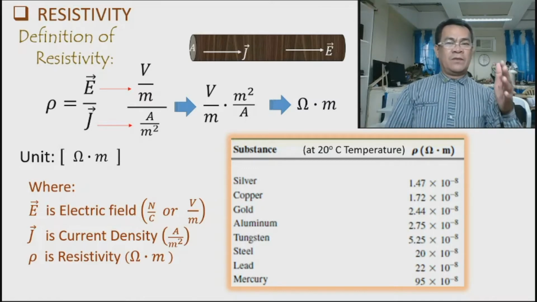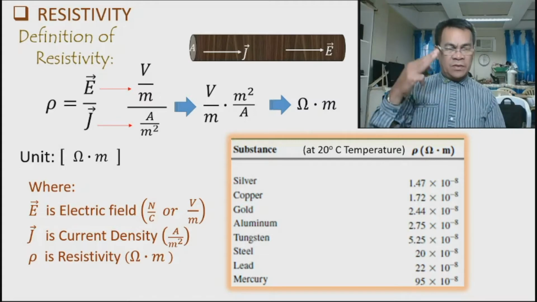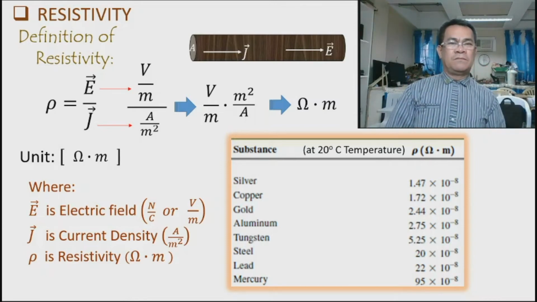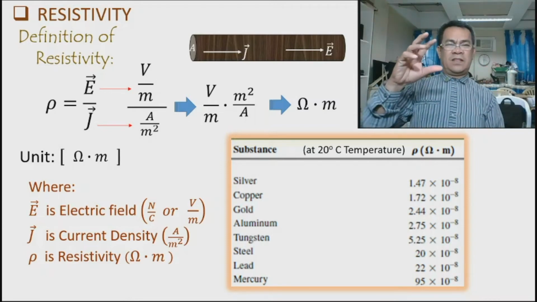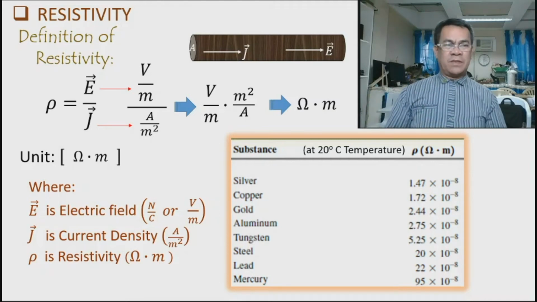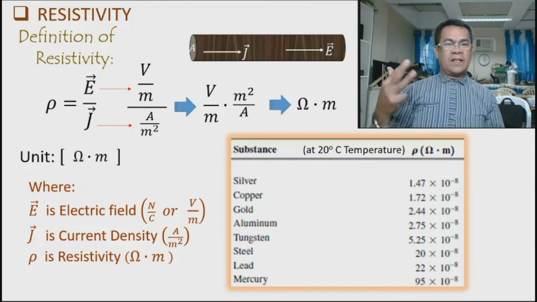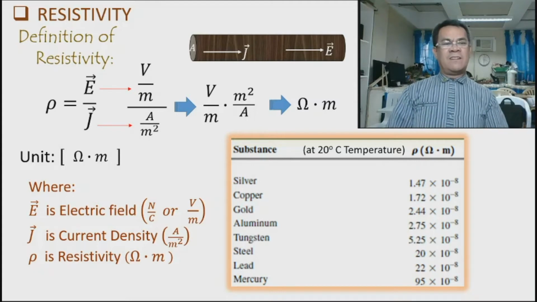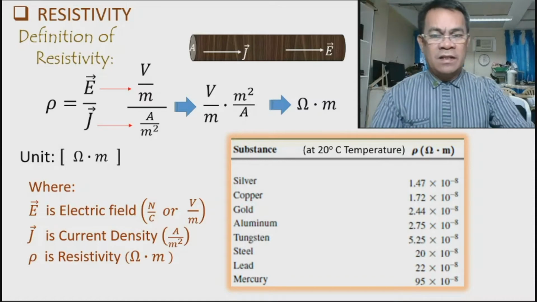So when we say conductor, if it is a good conductor, then there are only few soldiers inside. If it is an insulator, what does it mean? An insulator does not allow the current to flow. So why is it that the electrons cannot flow? The answer is because of the resistivity. There is a great amount of resistivity in an insulator.